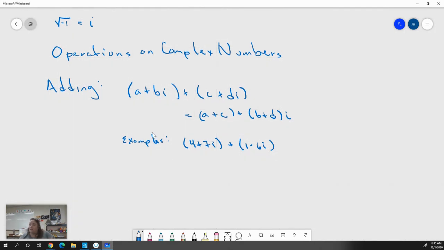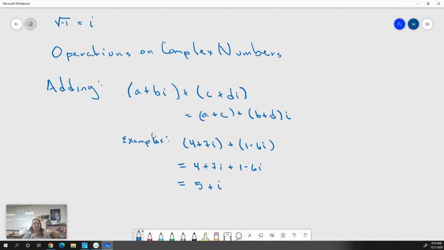We could go ahead and pull everything out of the parentheses if we want, right? And then we can just combine our like terms. 4 plus 1, well, that's 5. 7i minus 6i, well, that just leaves me with i. So I have 5 plus i.